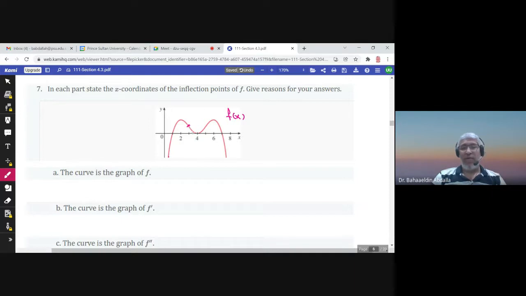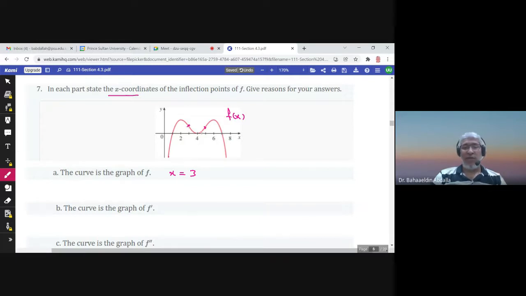And now it starts to be concave up. So he wants us to state the x-coordinates. So the x-coordinate here is 3. When x is 3, we have an inflection point because the graph of f was concave down and then it's concave up. Up to where? Up to here. And now from here, the graph will be concave down again.